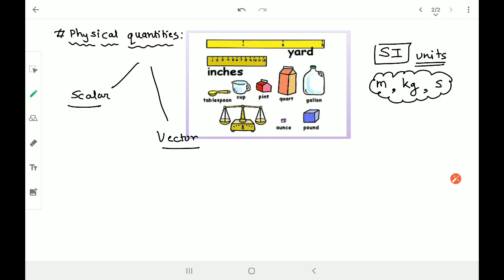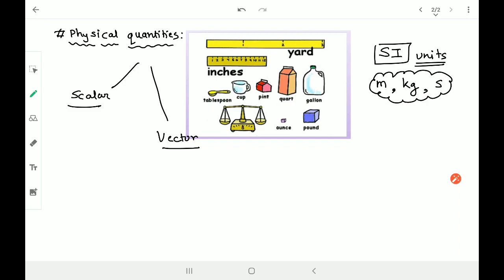The quantities which only need magnitude or a value, or which can be easily explained by magnitude, are called scalar quantities. For example, temperature. If I say my temperature is 37 degrees Celsius, that is more than sufficient. For height, if I say my height is 178 centimeter, that is more than sufficient.